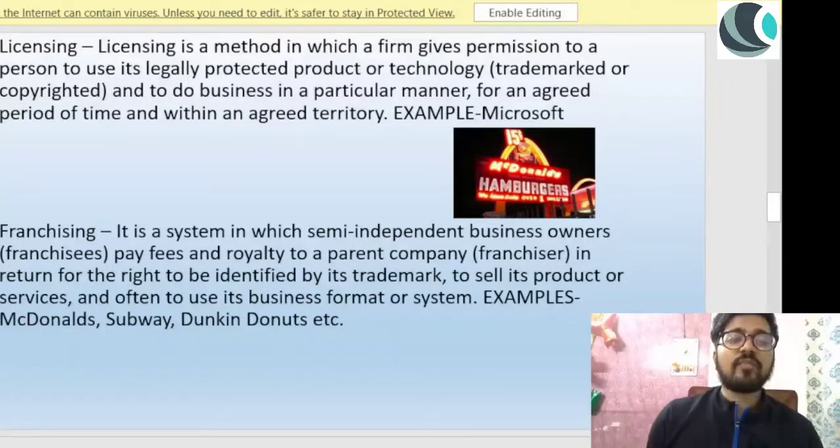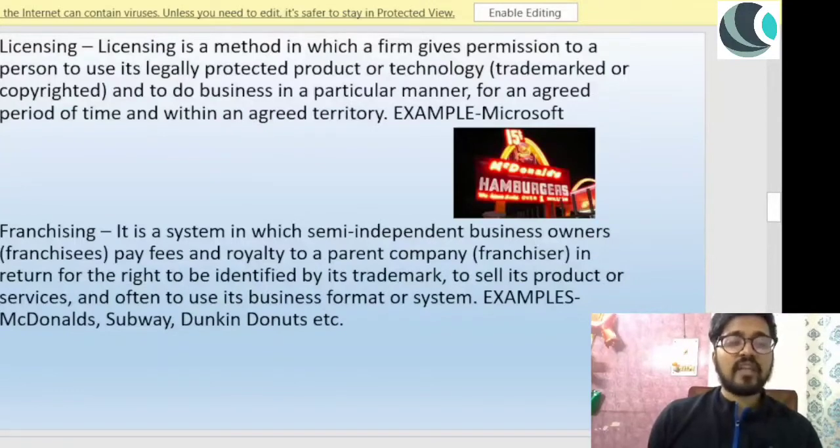Fees and royalty to a parent company. The parent company is basically called the franchisor. Many students get confused about who is franchisor and who is franchisee. So I hope you guys can remember it now. The business owners who pay fees and royalty are franchisees, and the parent company is called the franchisor.